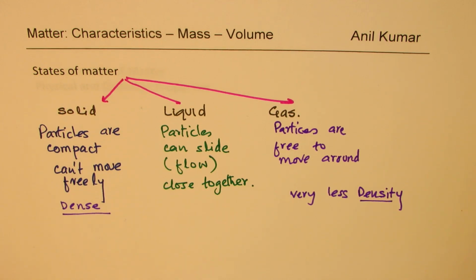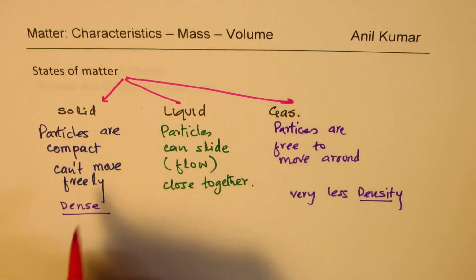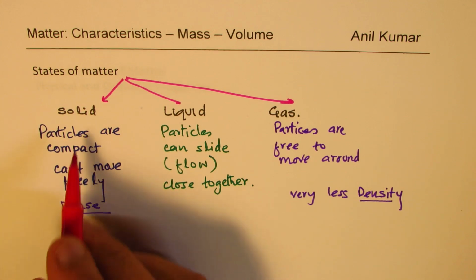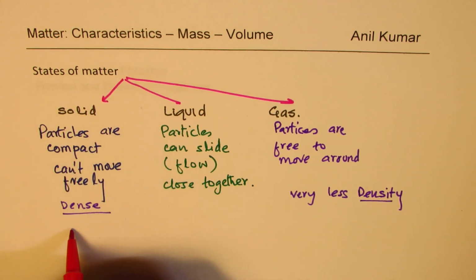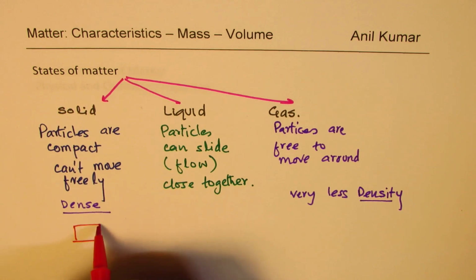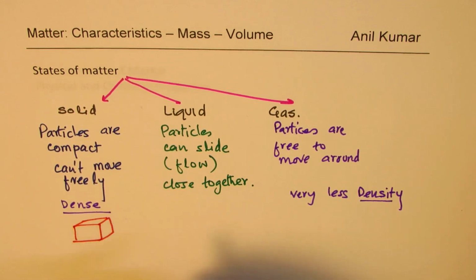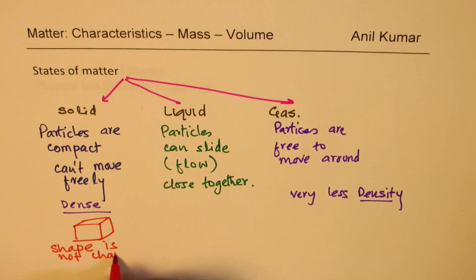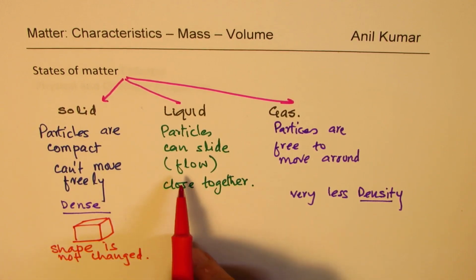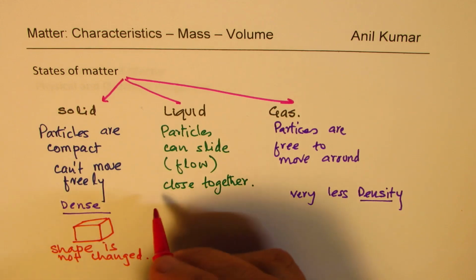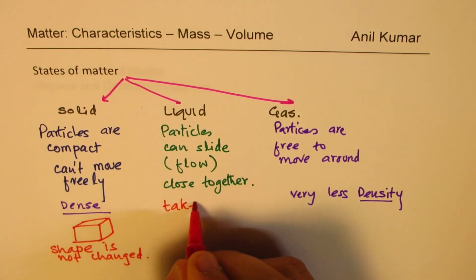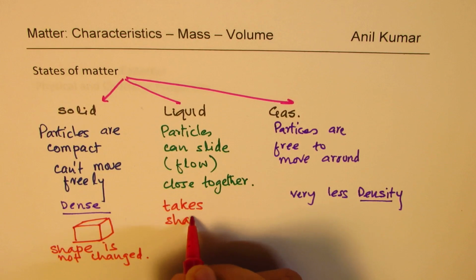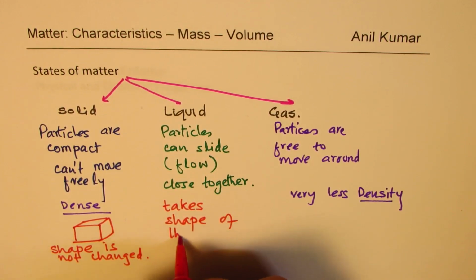But important thing here is, in a container, if I place a solid, in that case solid has its own shape. So it retains shape, is not changed. In the case of liquid, it takes the shape of the container.